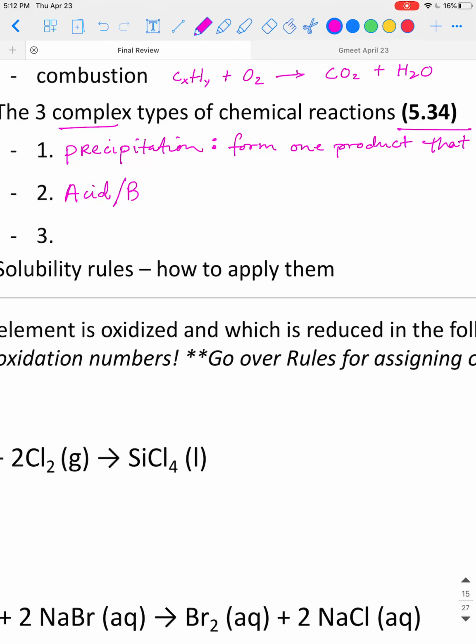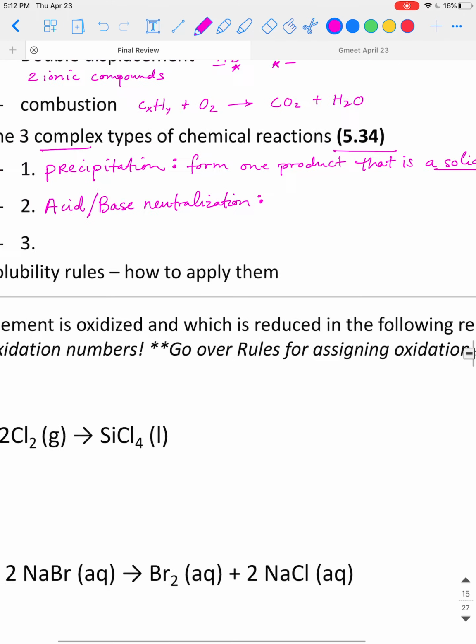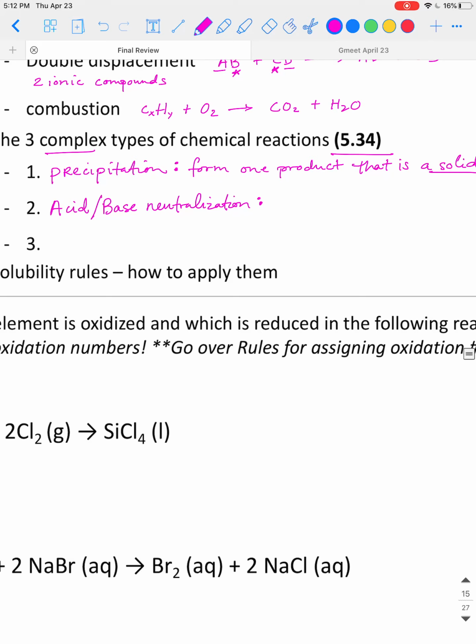Another kind of reaction that we talked about is acid-base, neutralization reactions. Here we said if you form water, that's a dead giveaway. Or you now know that if you transfer a hydrogen ion from the acid to the base, you get an acid-base reaction.